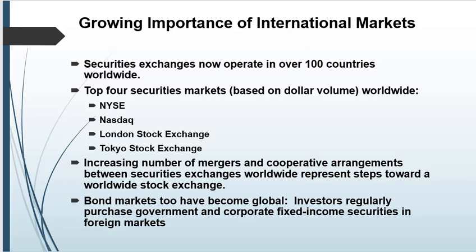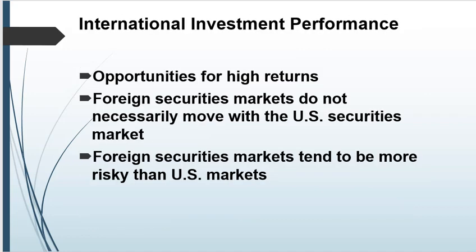The same things that have happened to the stock markets have also happened to the bond market. So again, there's a lot of investing internationally in a variety of ways, in stocks and bonds around the world. So what's the benefit, right? Obviously, opportunities for higher returns.